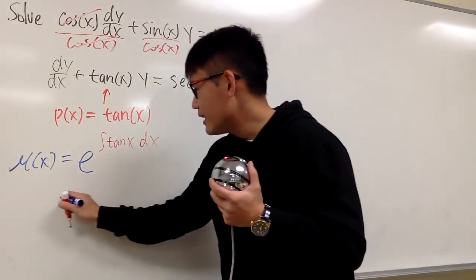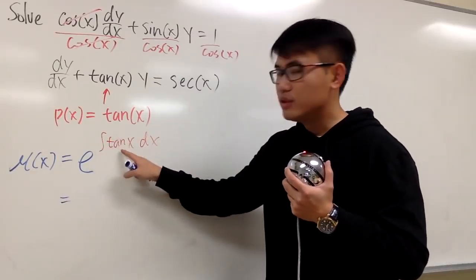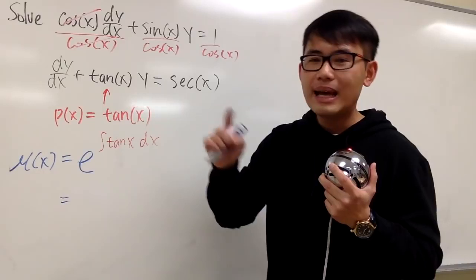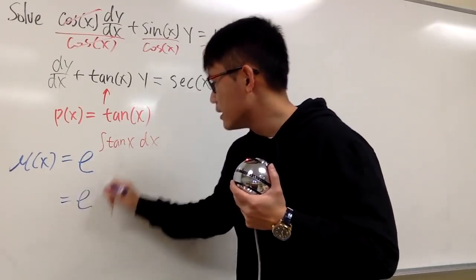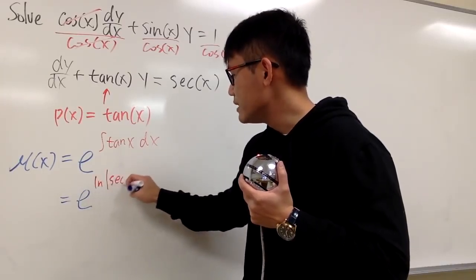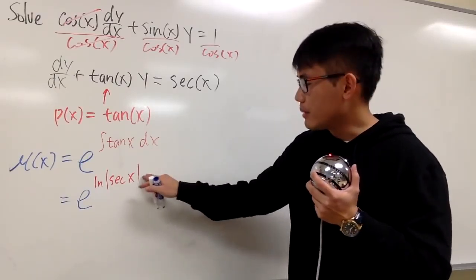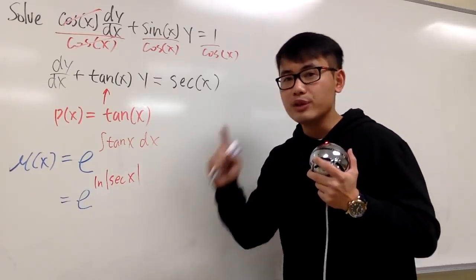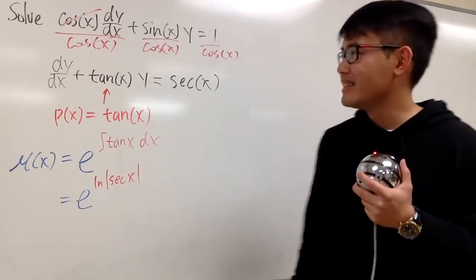And let's just go ahead and work things out. First, work out the integral. The integral of tangent of x is ln absolute value of secant x, right? So we still have the e for the base, but this is going to give us ln absolute value of secant of x. Don't worry about putting down a plus c right here, because we just need one integrating factor. We just need that function part.